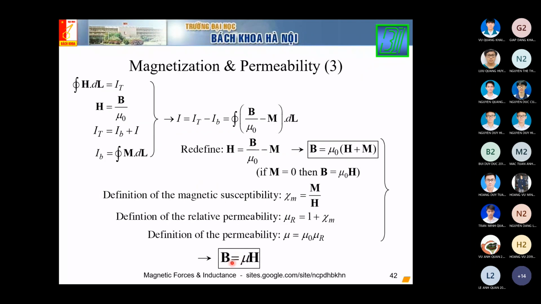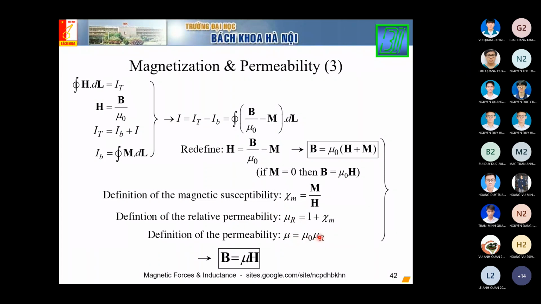Here it is. Before this moment, we knew that B is equal to mu0 times H, in which mu0 is the permeability of free space. But now, if we work in something different than free space, I mean vacuum, then the new relationship is B is equal to mu H, in which mu is the permeability, and it is related to mu0 by this relationship.